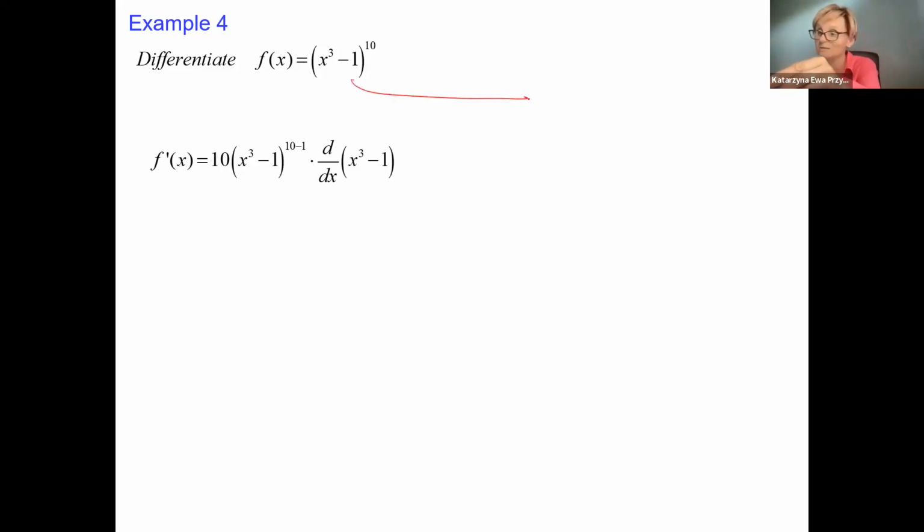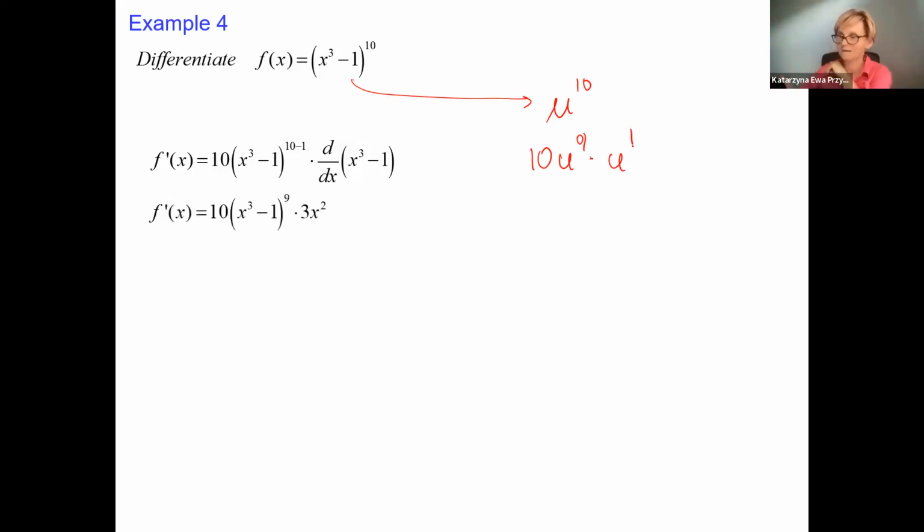You may think of it as u to the power of 10. The derivative of u to the power of 10 is 10 times u to the power of 9 times u prime. That's basically this. The derivative of x cubed minus 1 is 3x squared.